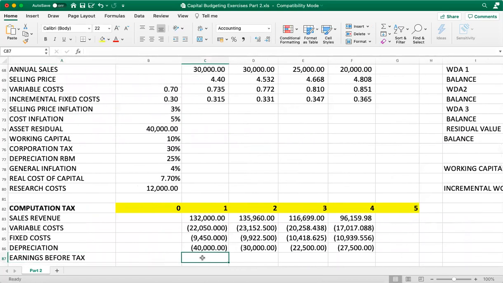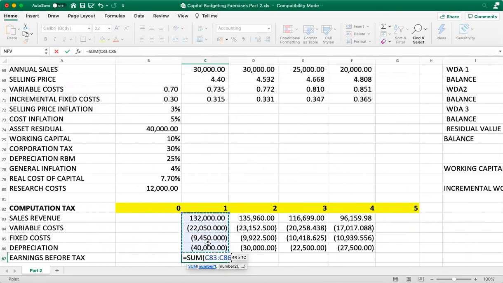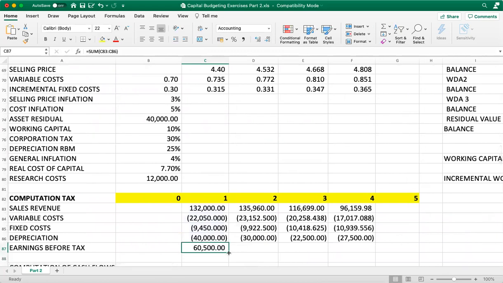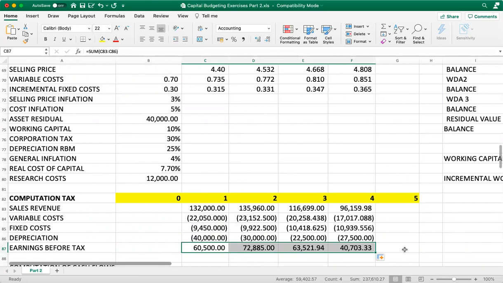Now, we have our numbers for the expenses and our numbers for the income. So the next thing you need to do is revenue minus expenses. So you have $60,500, and in the final year you have 40,703.33.